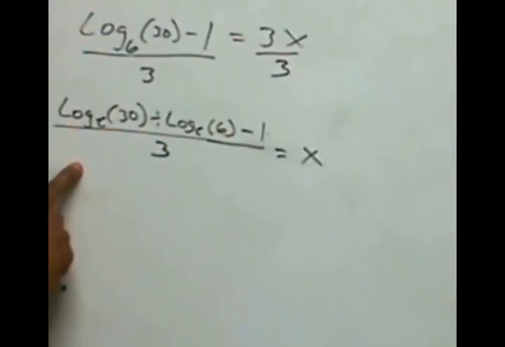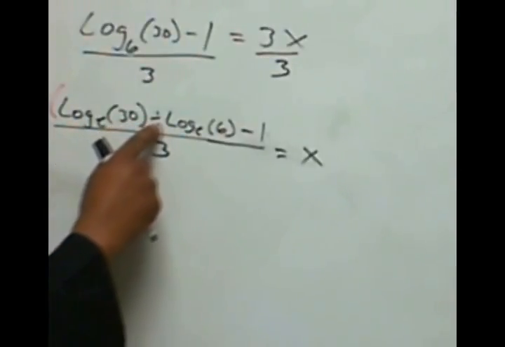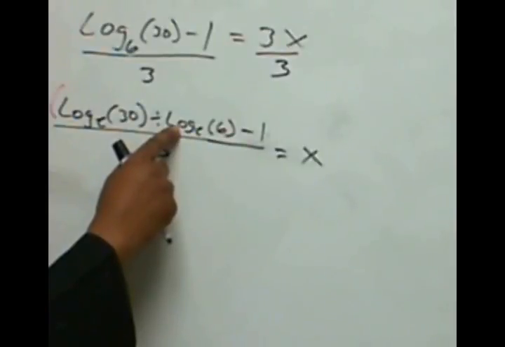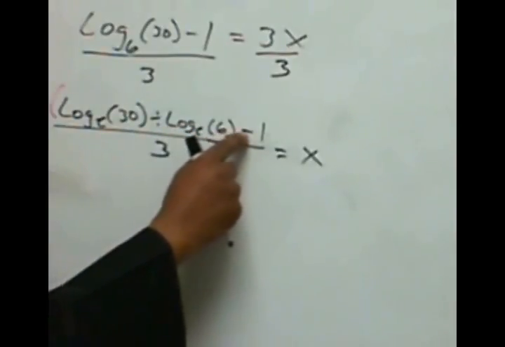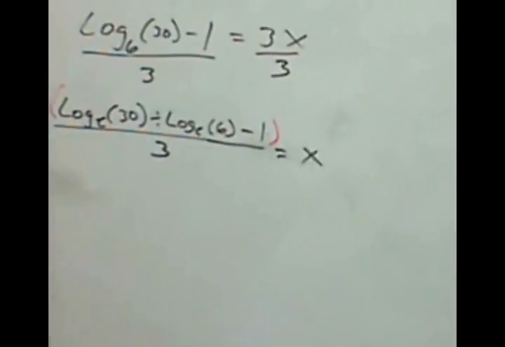Now when you put this into the calculator, you're going to have to open up a parenthesis and then type in your log base e, and then 30, close parenthesis, division. This will be log base e of 6 minus 1, and then close the numerator and then divide by 3. So it'll actually look like this when you put it in.